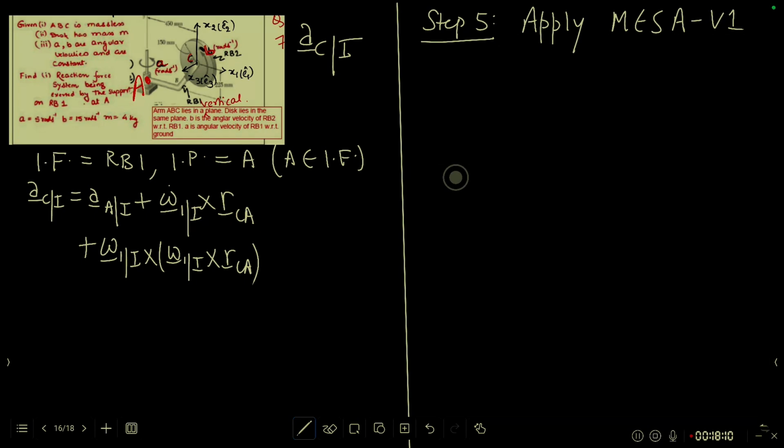There will of course be two more terms, omega 1I cross VC1 plus AC1, but C is a point fixed in RB1 also, and that is why this will cancel out. We are left with this term.